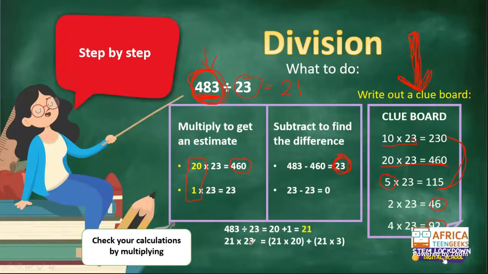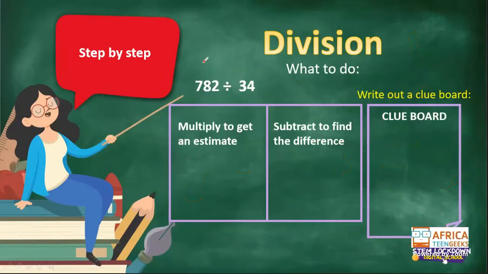I'm saying 21 times 20 and 21 times 3. So I have 420 plus 63, and my answer is 483, which is the same as the big number. All right, so this one I know. Check, I've got it. Let's move on to the next slide.